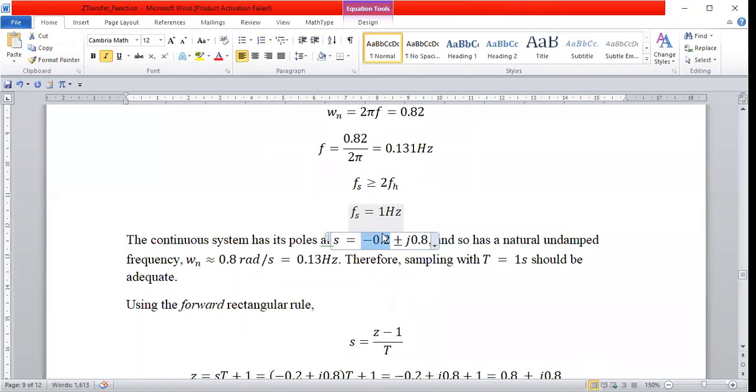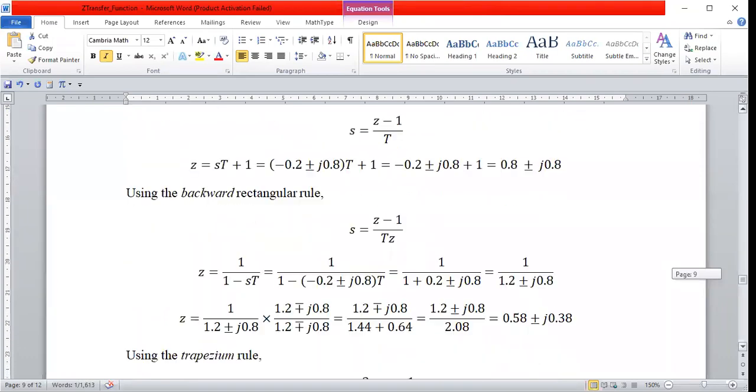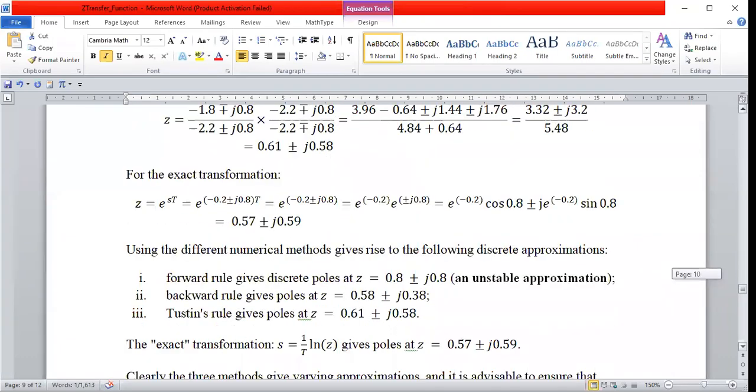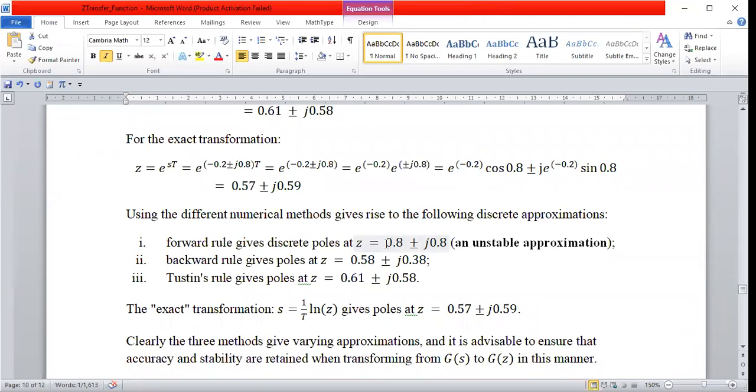You should have done that in 412. So since this is negative, we know that the system is stable. For the Z domain, it's a different ball game altogether. We have two more topics, and after that, we do stability. I will not be explaining that, but this particular one is stable.